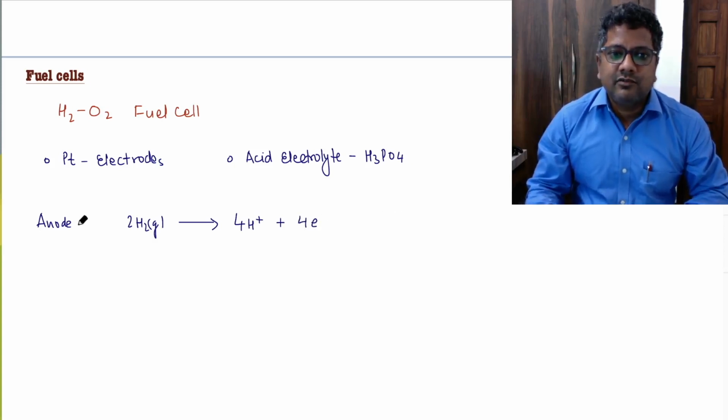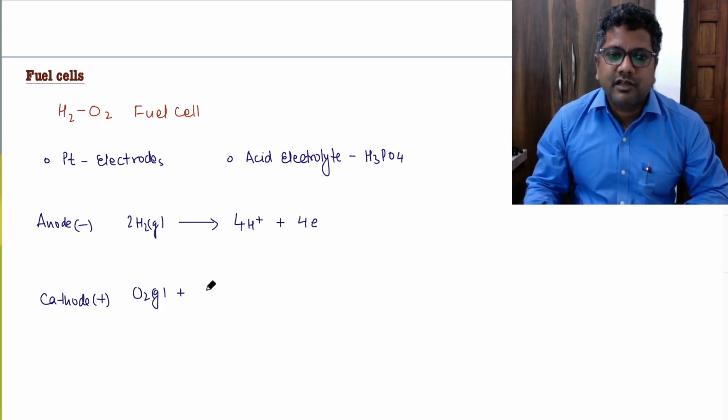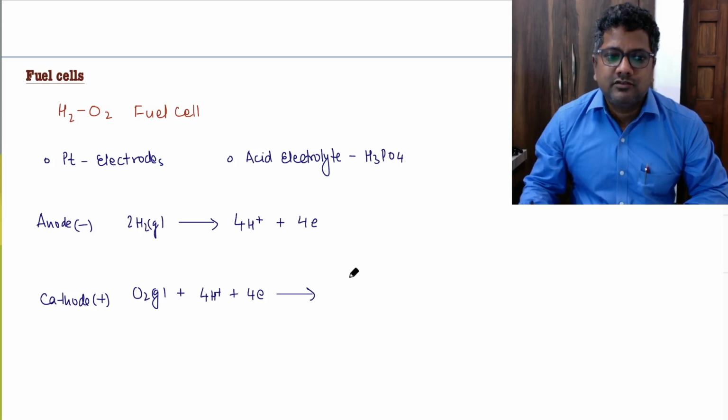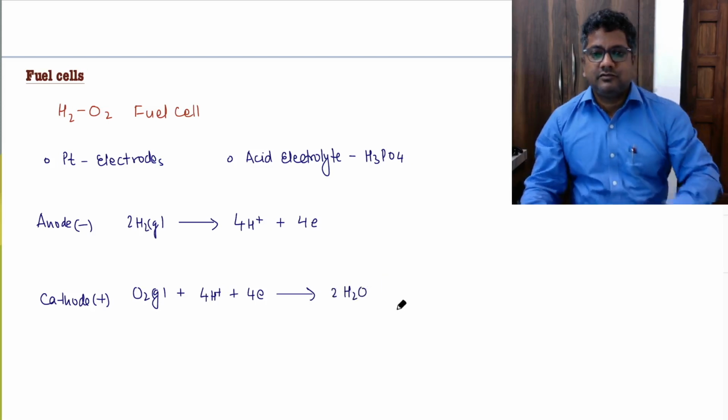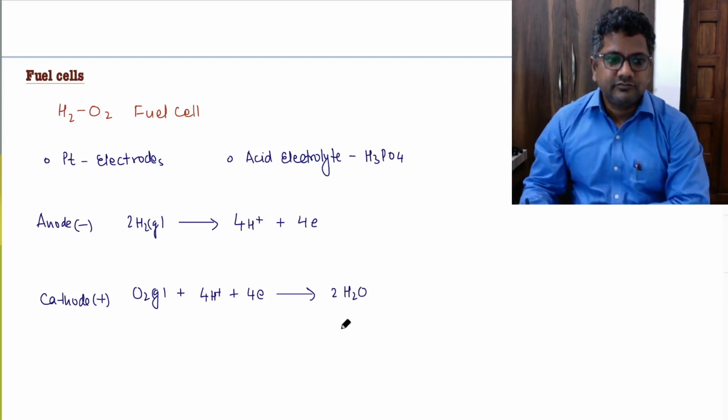So this is the anode, meaning negative electrode, and the cathode means positive electrode, that is O2 gas plus 4H+ plus 4 electrons. This will give you 2H2O, right? So this is the cathode reaction.